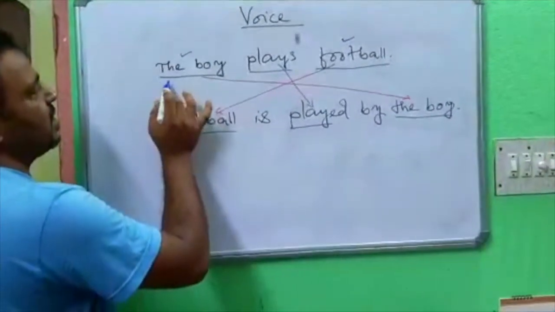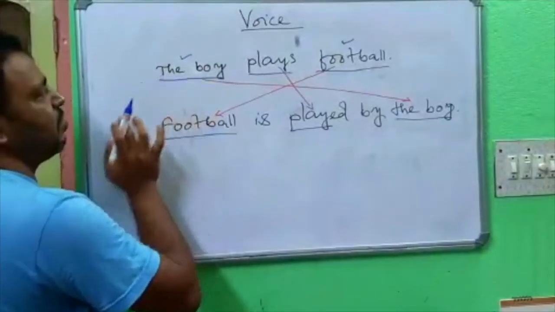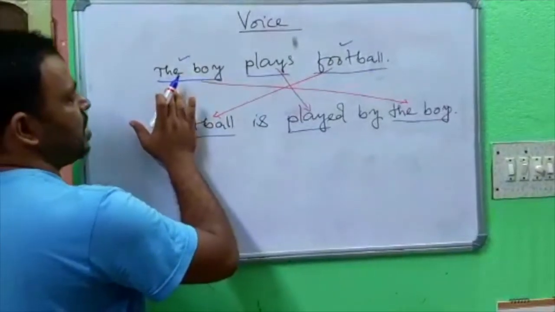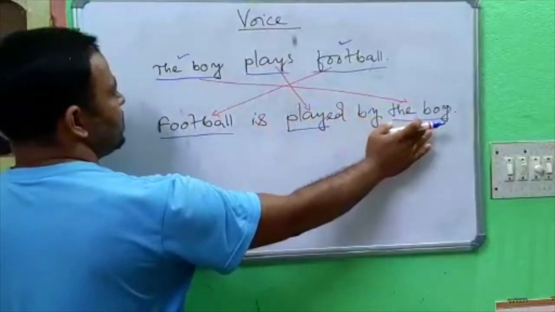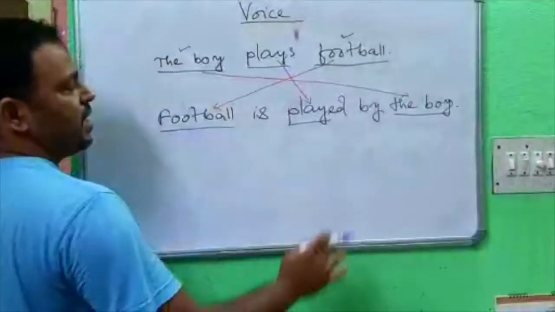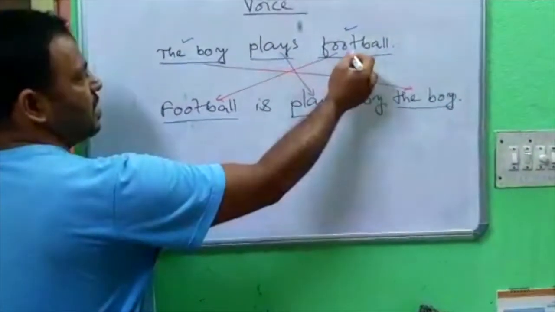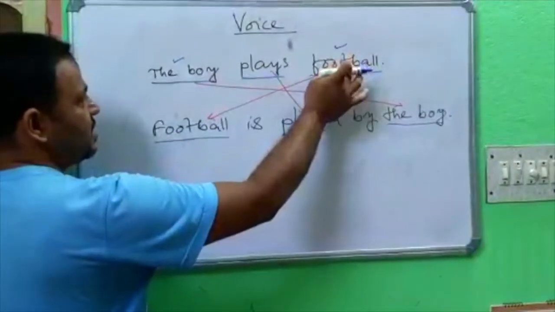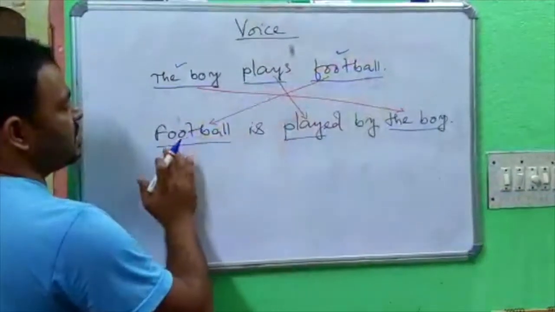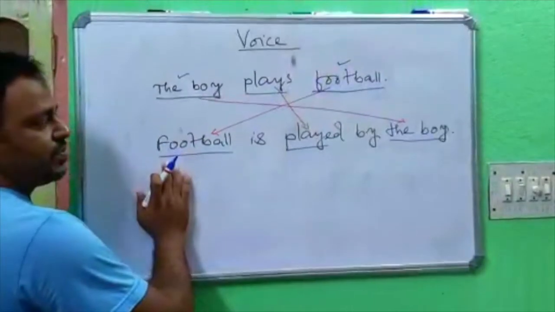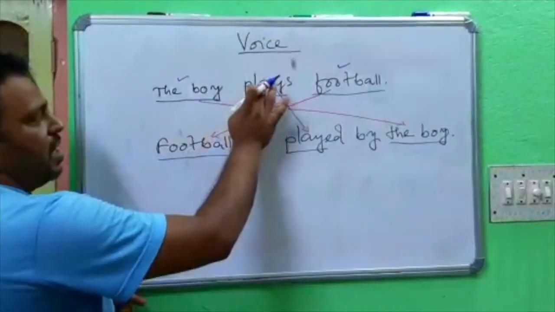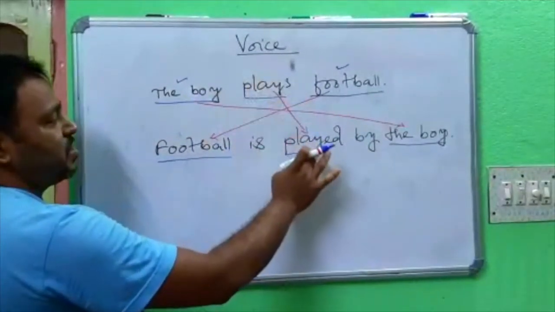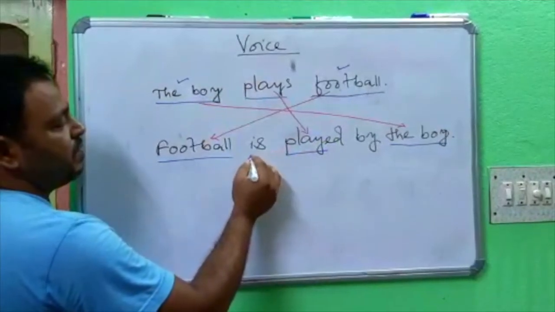In the first sentence, the subject, the boy, has become the object with the preposition in this sentence, and the object of the first sentence has been changed to the subject in this sentence. And the verb has been changed to past participle form with a be verb.